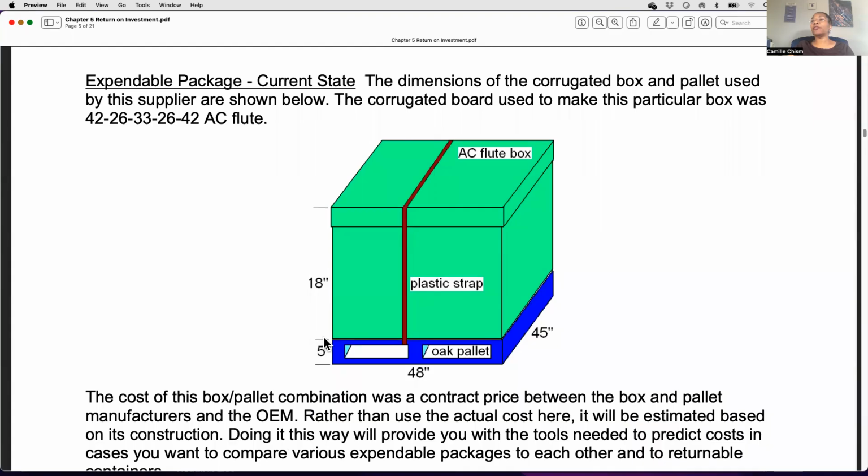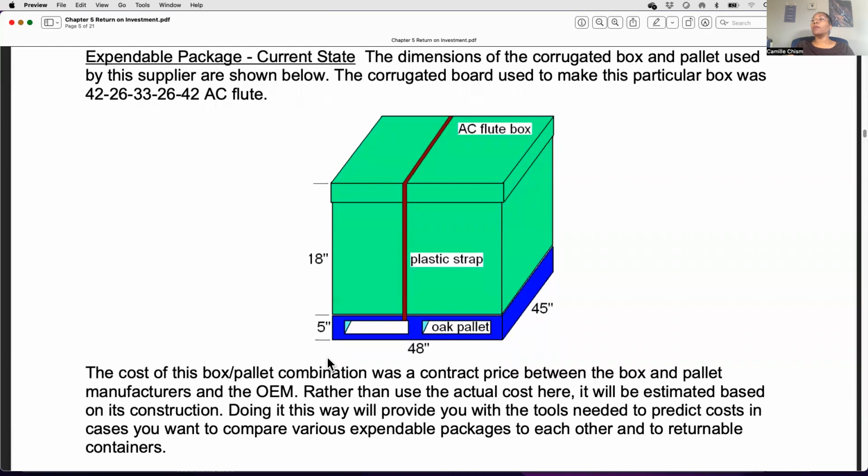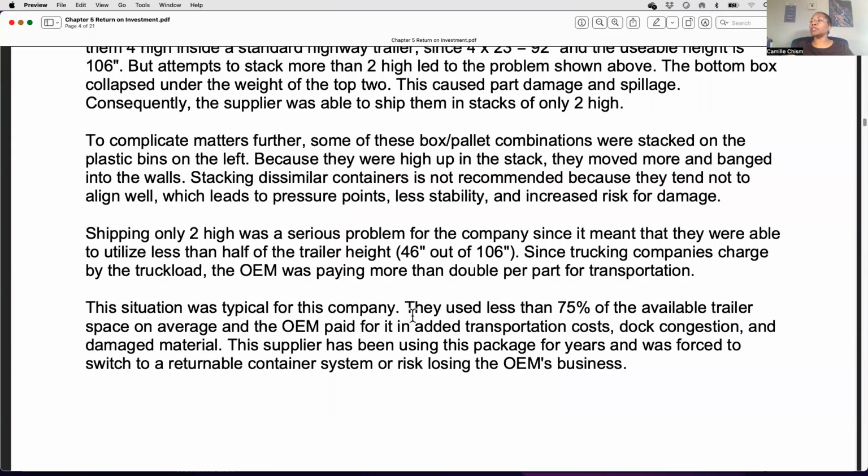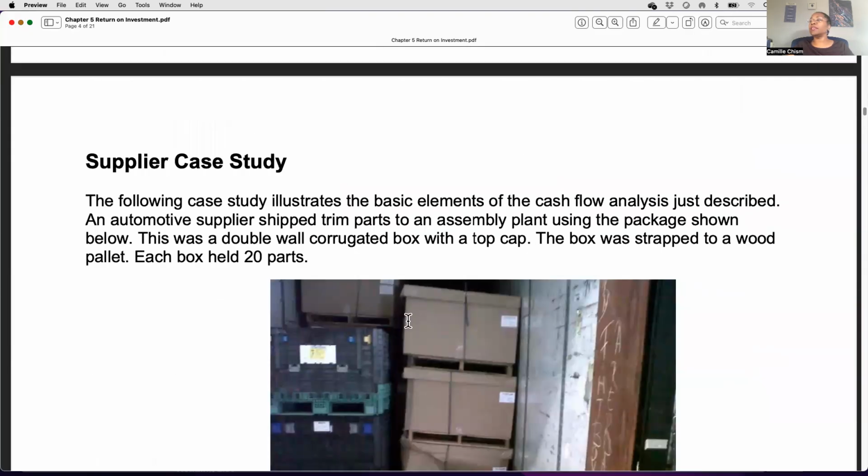So this box itself is 48 inches length, 45 inches width, and then 18 inches height. When you look at this box, you're going to get 18 inches from here to here, plus 5 inches for the pallet. So this is 18 inches plus 5 for the pallet.